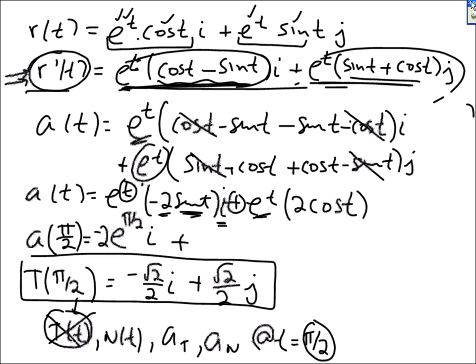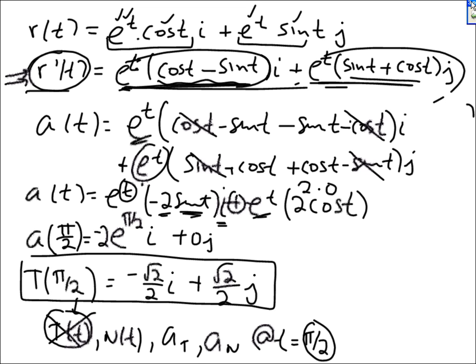Plus e to the pi over 2 times 2 times 0, which is just 0. So it's plus 0j.